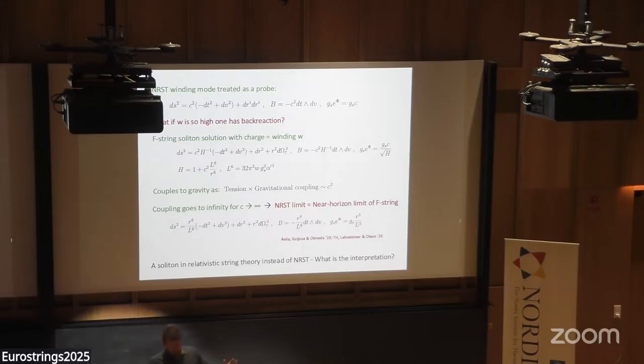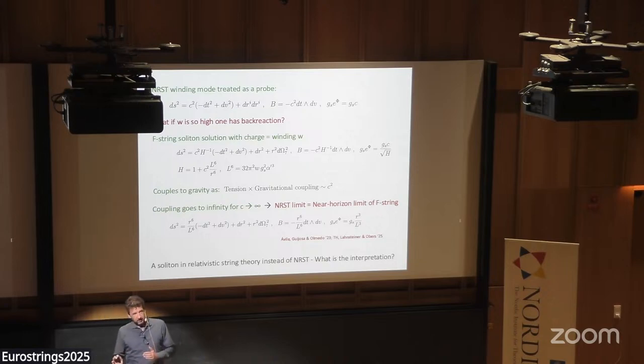A near horizon limit is nothing but having the coupling to a source become so large that in a sense the source is everywhere in your space-time. So in other words, we get the near horizon limit of an F-string. So that means that this c going to infinity limit in this case, which we previously called the non-relativistic string limit, is precisely a near horizon limit.